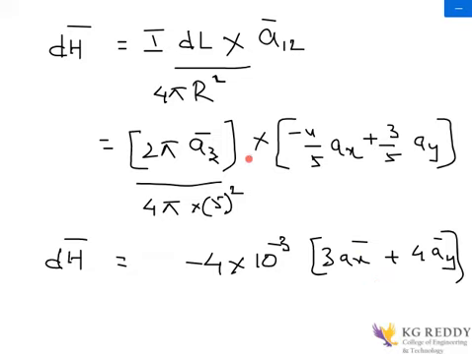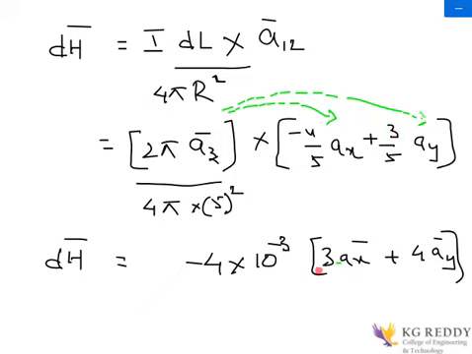And of course, one small point I will tell you when you're directly multiplying, because a few people maybe still have not gone through their previous lectures. Whenever you are cross multiplying, just think what will happen when you are multiplying az with ax: x y z x, so it will become ay. That's why we got ay here. And when multiplying az with ay, x y z, when you are multiplying with z y, it will become minus ax.